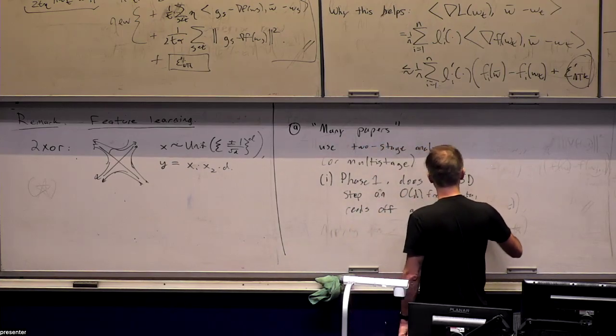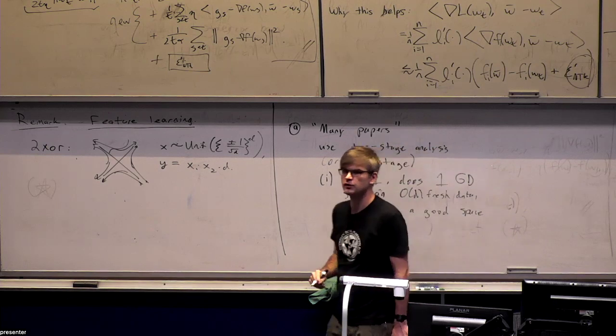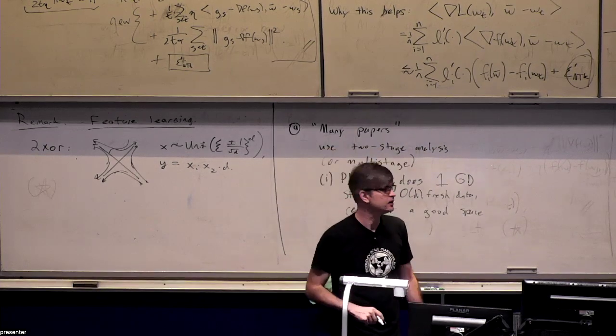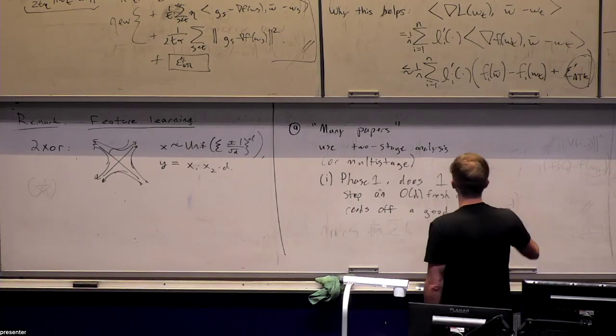So this is exactly what Bruno was saying. And I know it might seem like I'm just writing what he said on the board, but it was actually one of the next remarks I wanted to include.